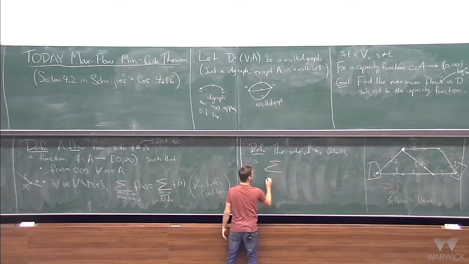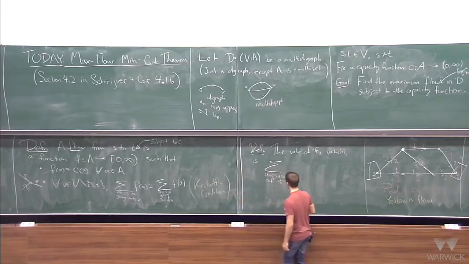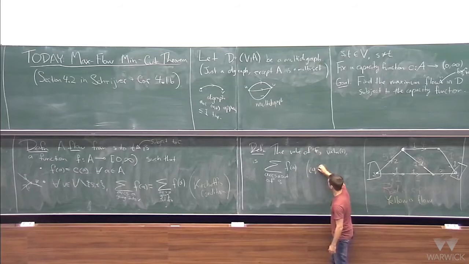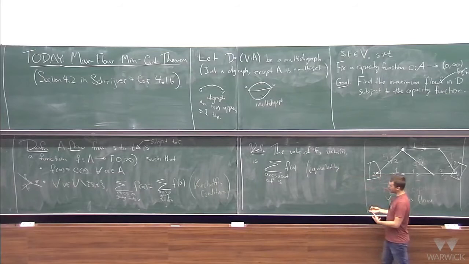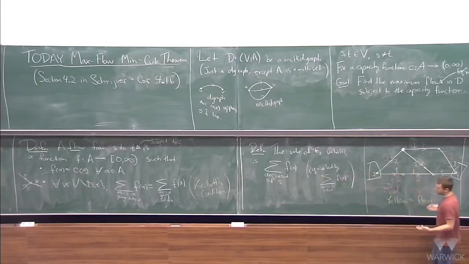So it's the sum over all arcs A coming out of S of f of A, or equivalently, and it's not hard to see, although I perhaps won't prove it, because you have this Kirchhoff's condition, this is equivalent to the sum over all arcs A into T of f of A. If you think of these as cars, it's the number of cars which leave the source, but it's the same as how many come into the sink each hour or whatever.